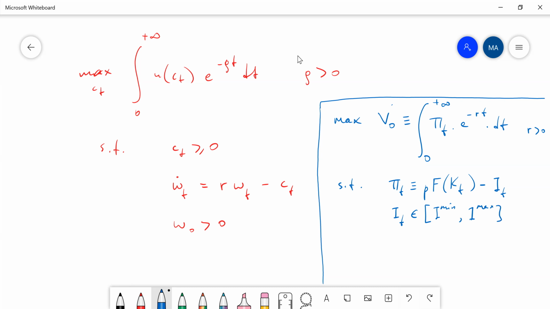I can explain why I'm using that particular assumption. But suppose that there is this maximum amount you can invest and there is this minimum amount. Then your accumulation equation, of course, becomes what?